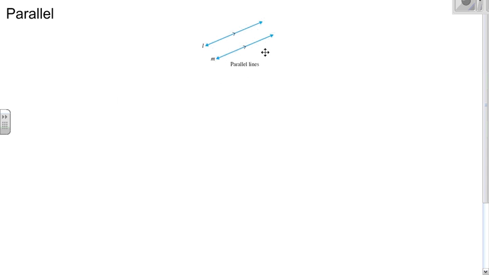We also need to be able to talk right now about parallel lines. Parallel lines do not intersect. We can say that two lines are parallel by writing this notation. Line L is parallel to line M.